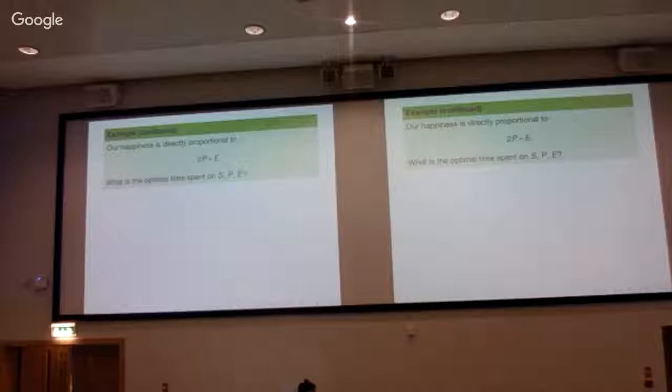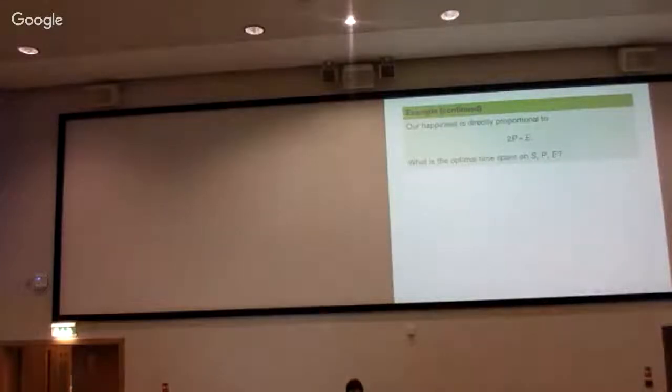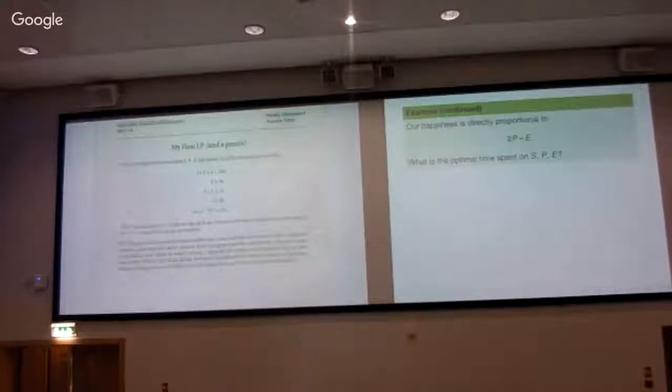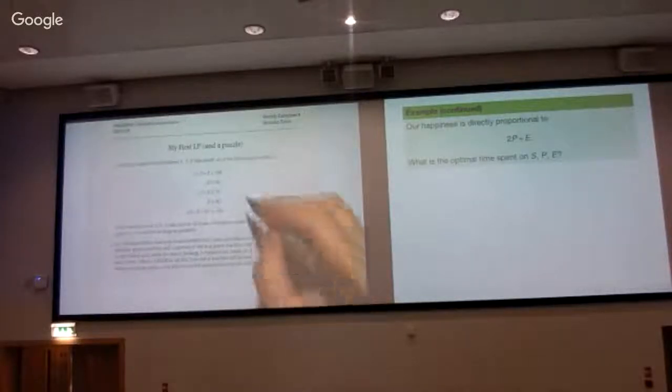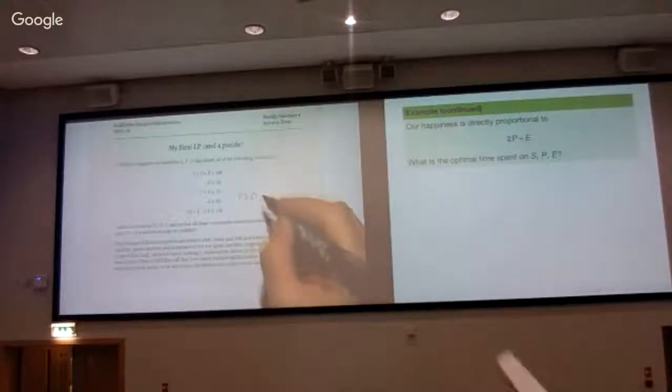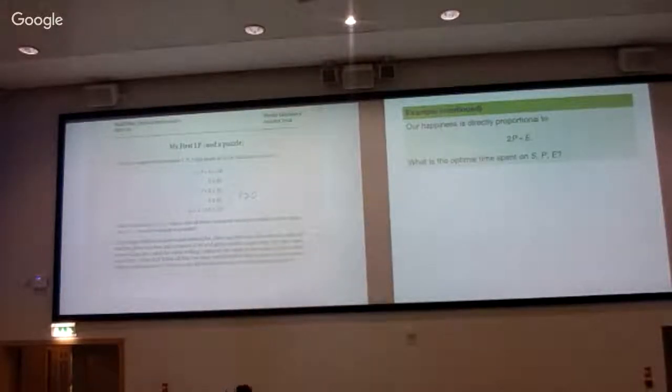Now, the problem with the homework is the following. The problem with the homework is that when I was writing it, I forgot to put P greater than or equal to 0.